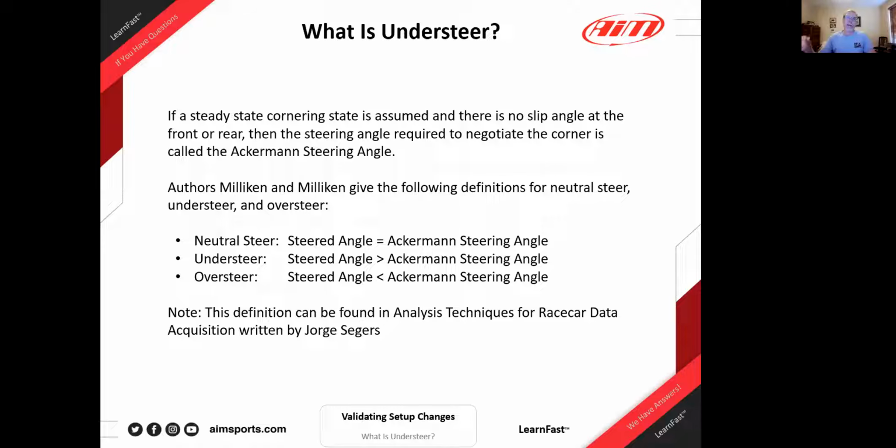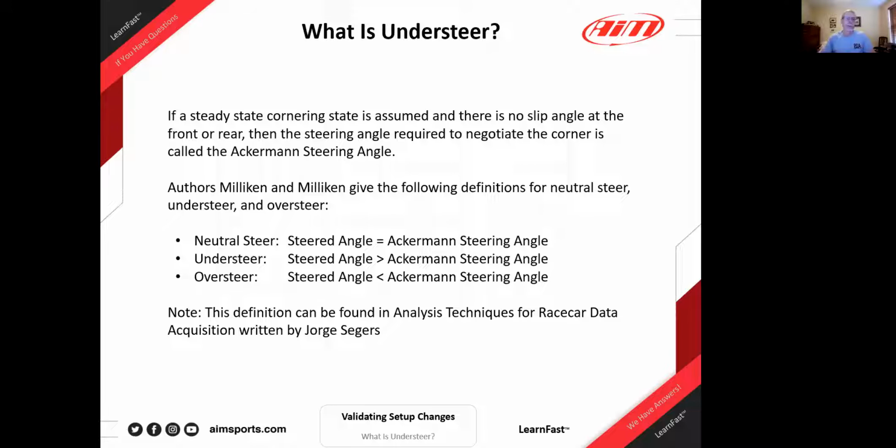If steady state cornering is assumed and there's no slip angle at the front or rear, then the steering angle required to negotiate the corner is called the Ackerman steering angle. So it's basically neutral steering. You're driving really slow, with no lateral G's built up, no slip angles, and it's just the amount of steering required to get around that corner.